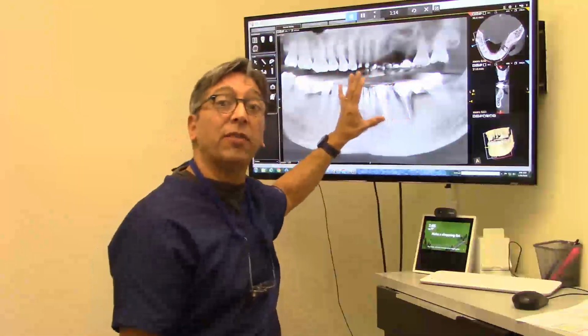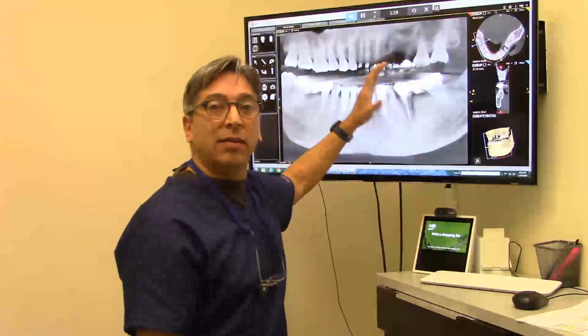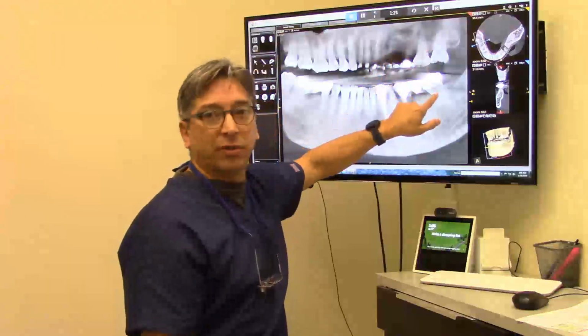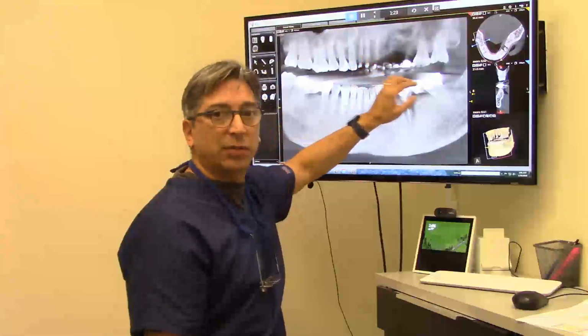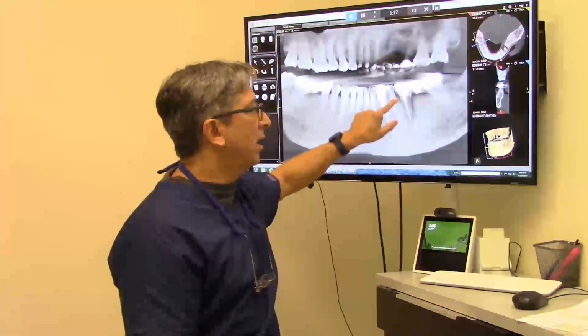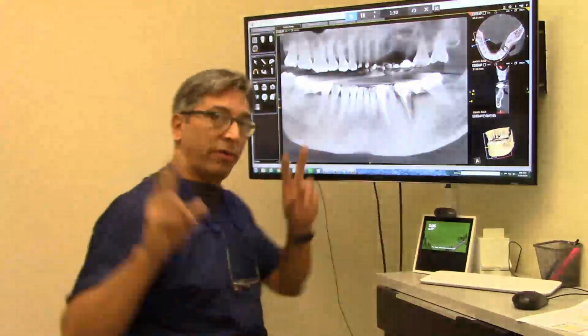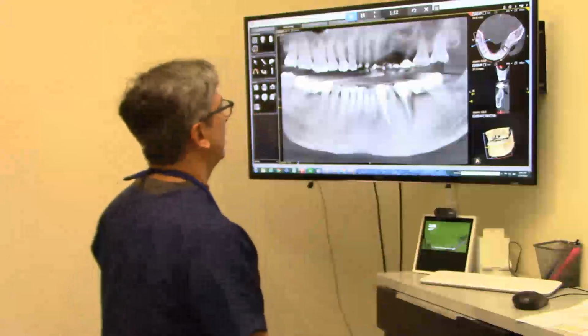It looks very foreign, and it can't get rid of it because it's connected to this tooth by a bridge. It's basically three connected crowns that hold this root in and cause this infection. So it's really more of a rejection.